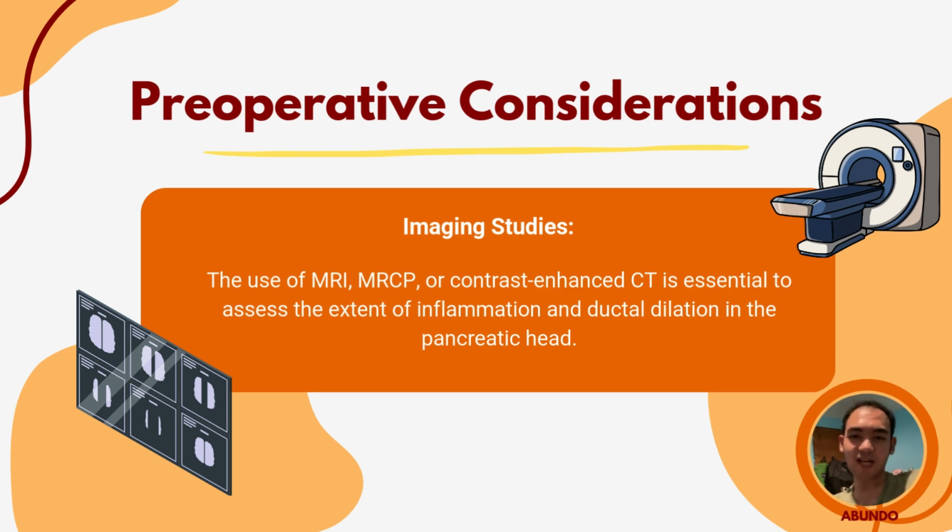These modalities help in accurately assessing the extent of pancreatic head inflammation, ductal dilation, and in ruling out differential diagnoses such as malignancy. Imaging also assists in evaluating anatomical variations and identifying any vascular involvement that may influence the surgical approach.